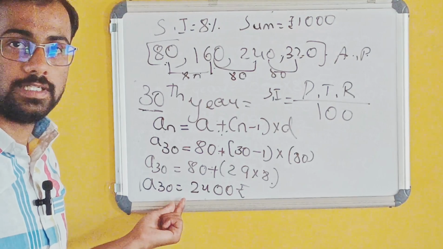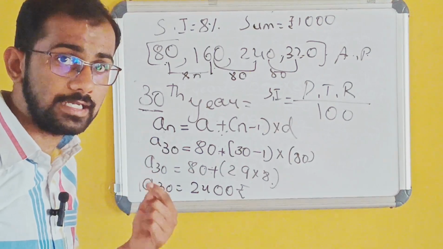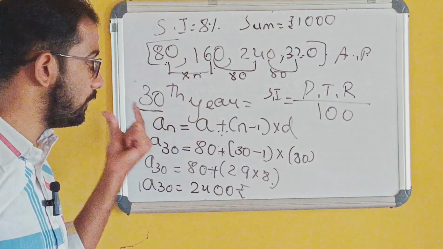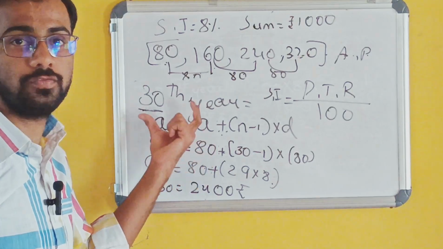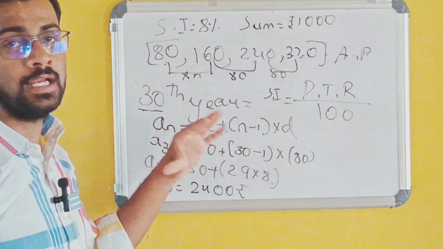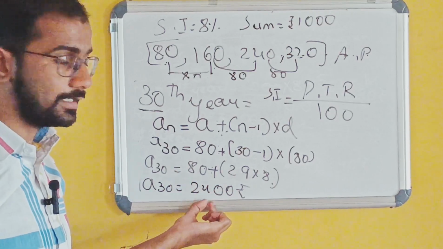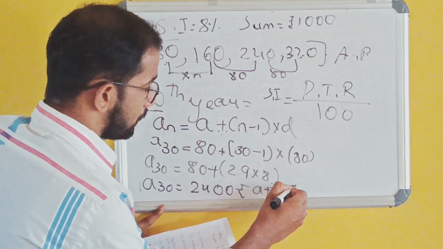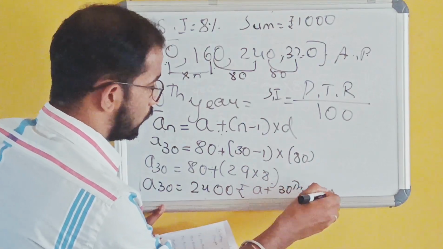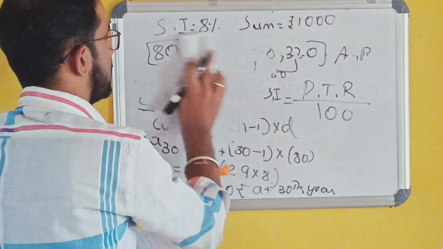The year which we need to calculate is taken as the value of n. So all the values are substituted in the nth term of the arithmetic progression formula, and if you calculate all these things, you will get the simple interest at 30th year is 2400 rupees. This is the second problem, second example.